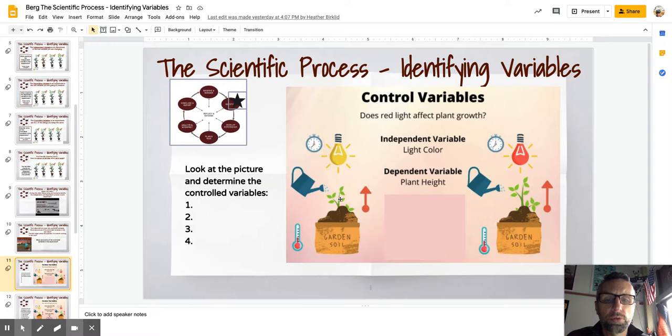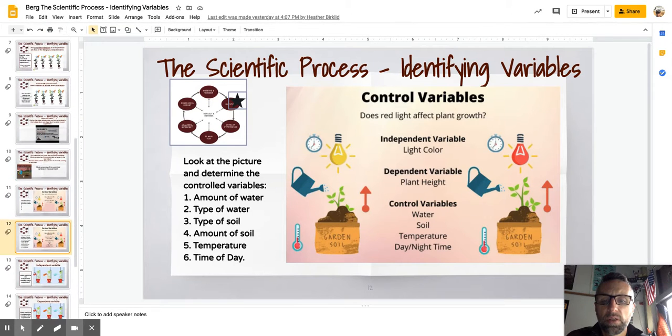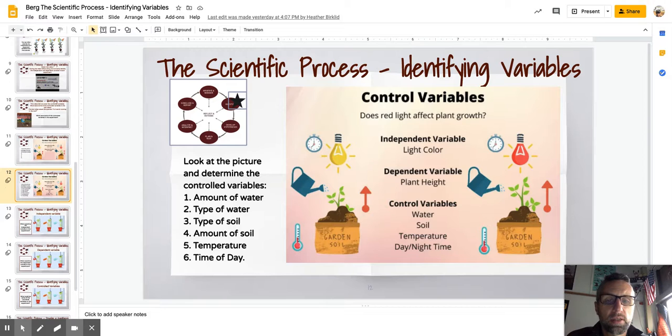Now, I don't get to choose how tall it grows. That's what I'm measuring to get my results. So that's our dependent variable. But amount of water, how long we run the test, type of soil, temperature of the soil, all of these things would need to be kept the same. Time of day we run the test. These are all controlled variables.